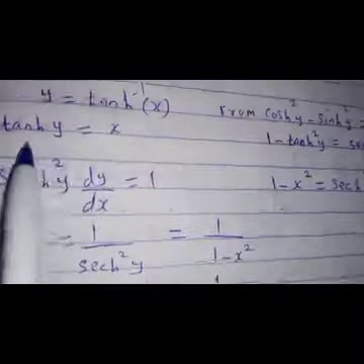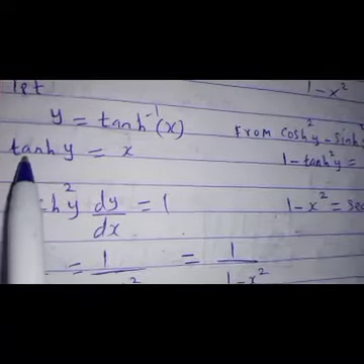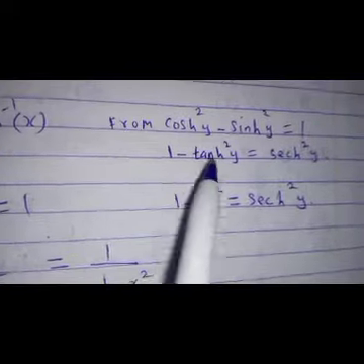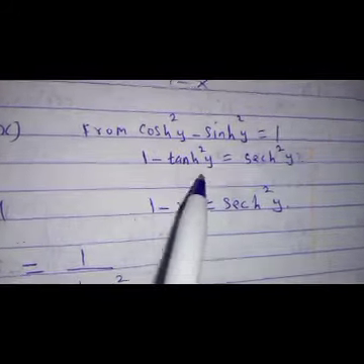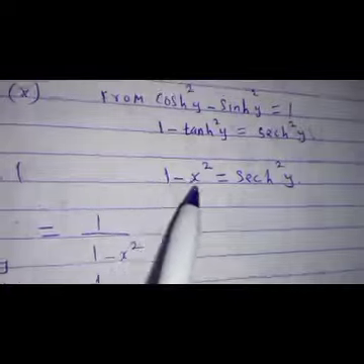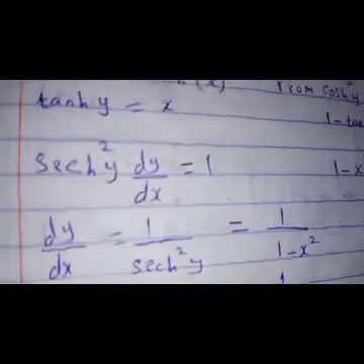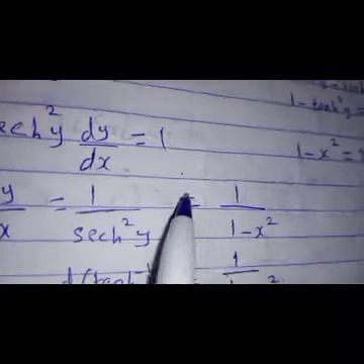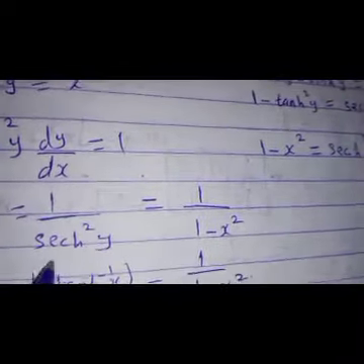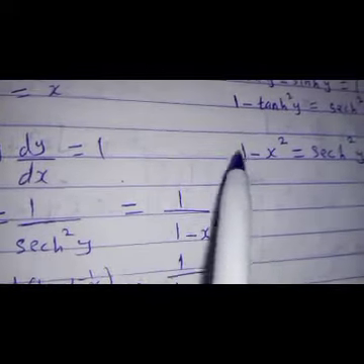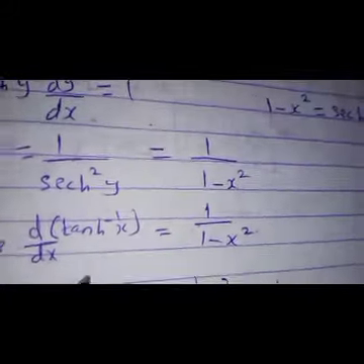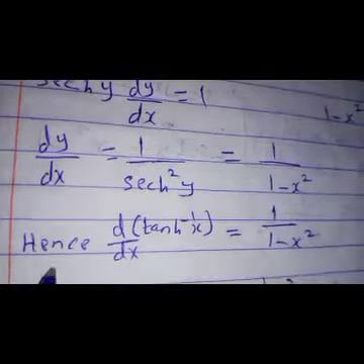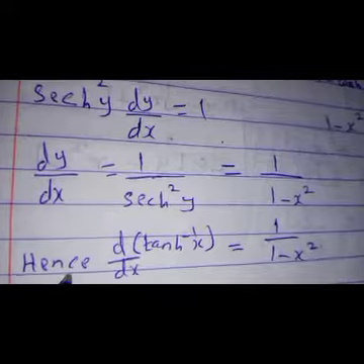Now, using the fact that hyperbolic tan y is equal to x, for hyperbolic tan squared y you write x squared. Then you substitute in the formula, and that is how you easily get the derivative of inverse hyperbolic tan x.